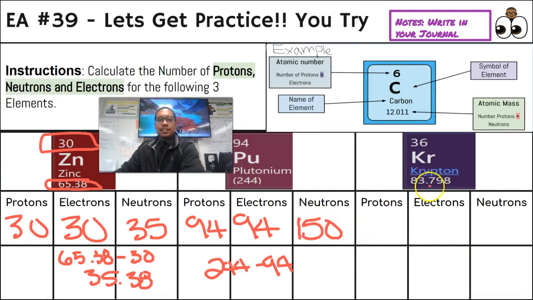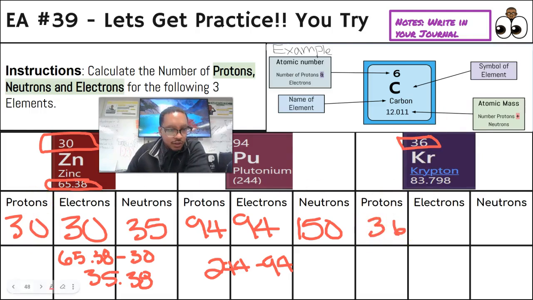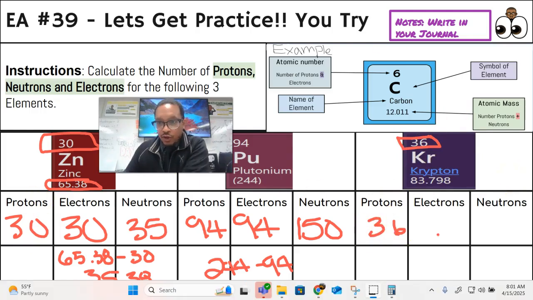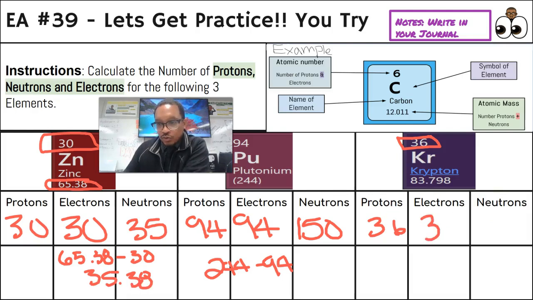All right, next thing and the last one is krypton. There are 36 protons. Then remember, for a neutral atom, it's going to have the same amount of protons and electrons. So that's 36. Now we get into doing some math.